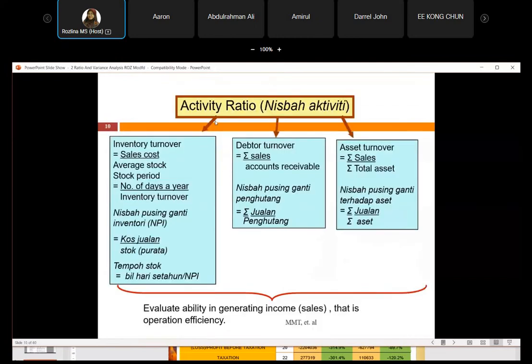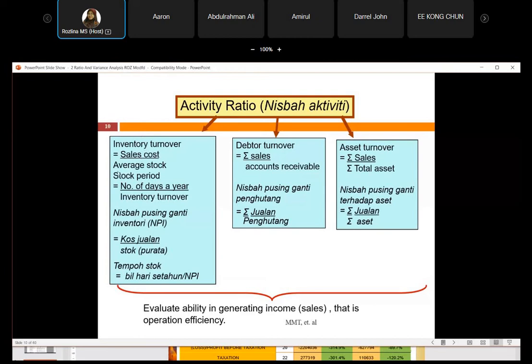Then we have the activity ratio. Just now was liquidity, now activity. For the activity ratio, we have inventory turnover, debtor turnover and asset turnover. For inventory turnover, you have to check the cost of sales. In your account, you know where the cost of sales is: start stock, plus purchases, minus end stock, and that is the cost of sales.